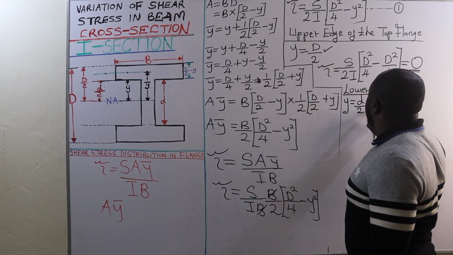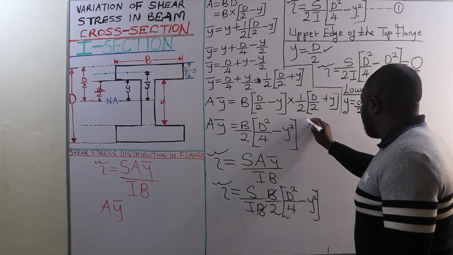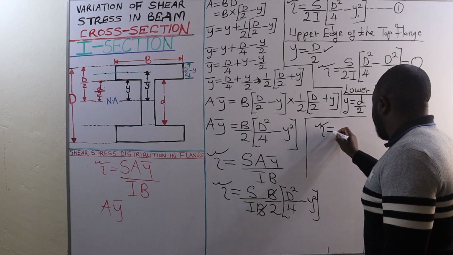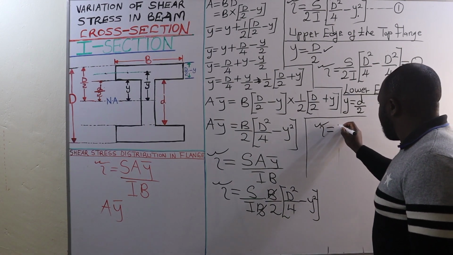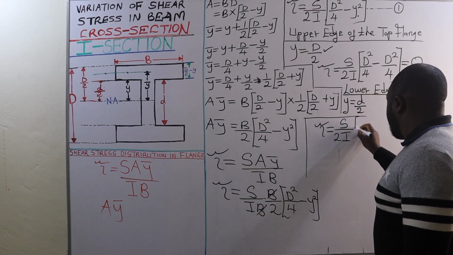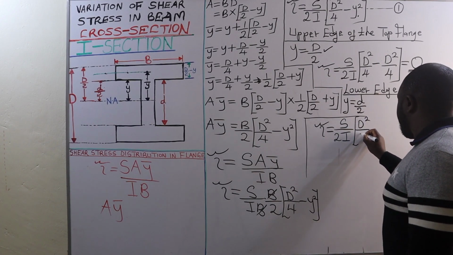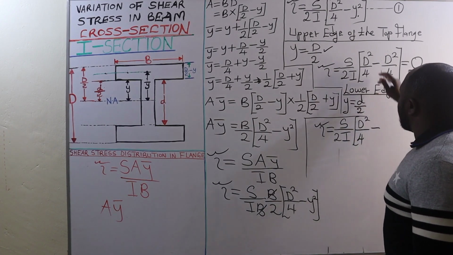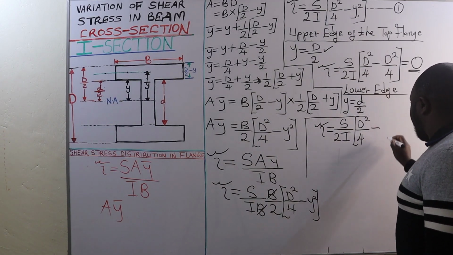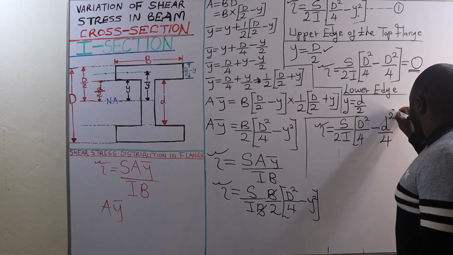Substituting D over 2 at this point of equation 1, this is going to give us shear stress equal to S divided by 2I into D squared divided by 4 minus Y squared, and Y is D over 2, therefore D over 2 squared is D squared divided by 4.